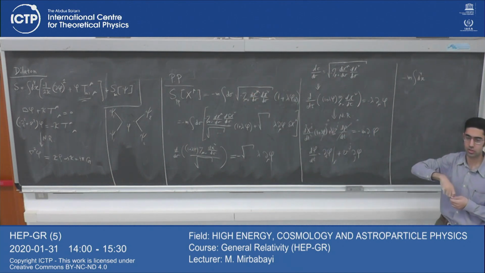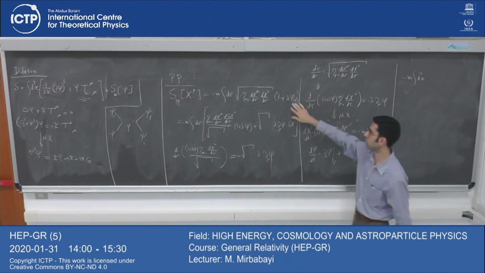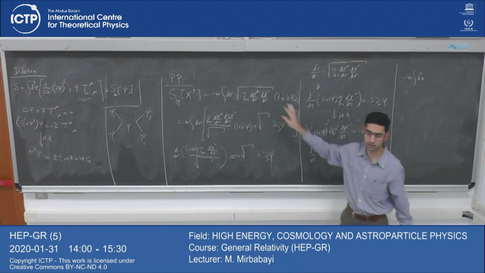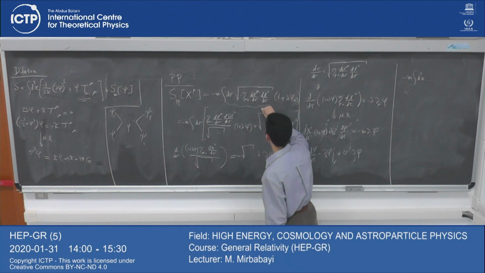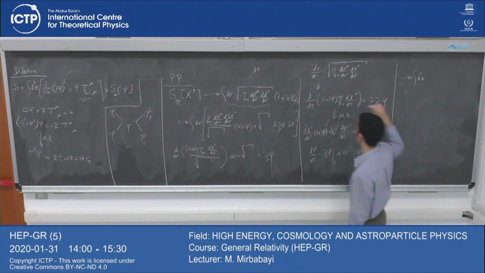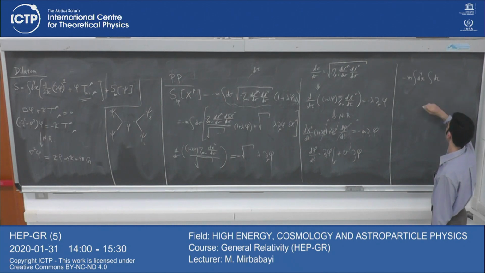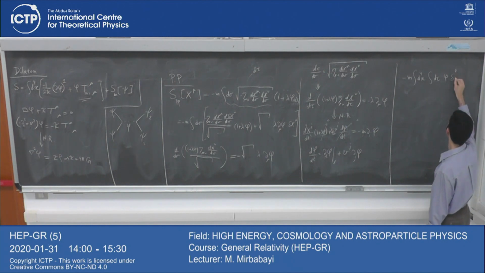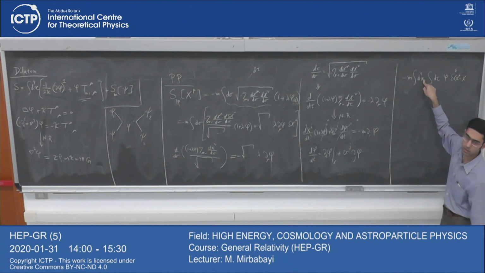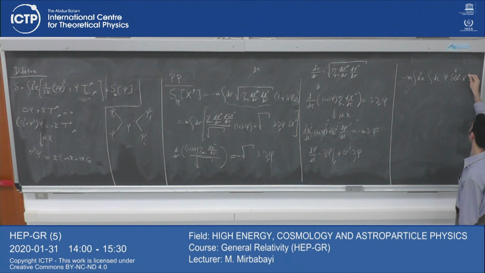So now what I want to do is to think of it as a source for phi, but I don't care about the variation of x. Therefore, this part I can just write as an integral over d tau, there is phi, and there is a delta function, delta 4 of x minus X mu, where little x mu is the variable of integration and big X mu is the trajectory of the particle.